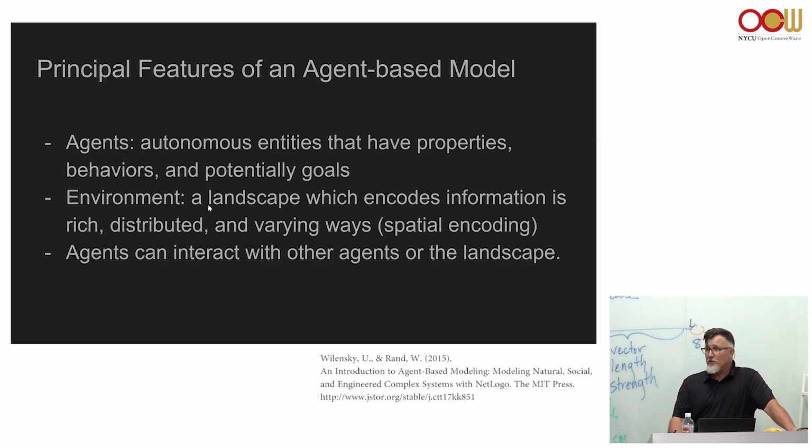The environment, this is really important. A landscape in which you exist, which encodes information, and that information is rich, distributed, and exists in varying ways. That is, it is spatially encoded.